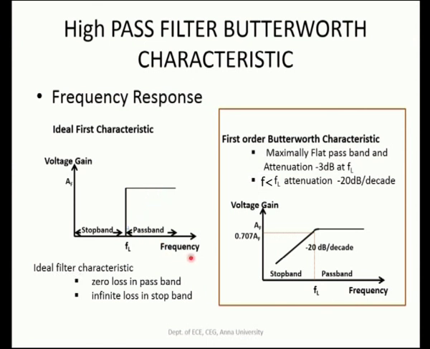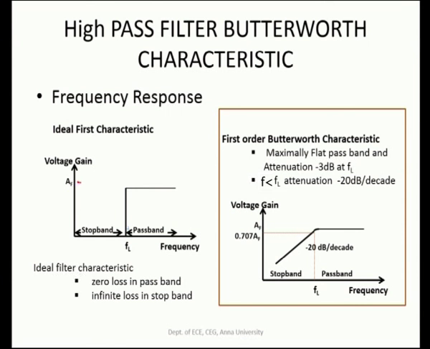Here, the frequency of the input signal is swept and the gain is plotted. The gain is given by V out by V in, output voltage by input voltage. For input frequencies less than a specific frequency FL, the gain that we get is 0.